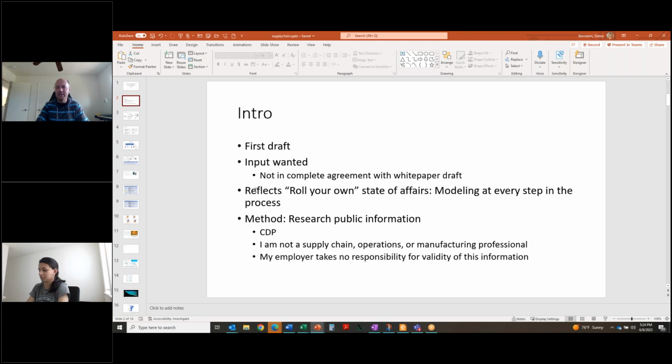A lot of this reflects what I call the roll-your-own current state of affairs, where there's modeling to create carbon numbers for every step in this process, the wafer step, the packaging step, etc. So I don't think we're going to align everybody to use the same exact methodologies.